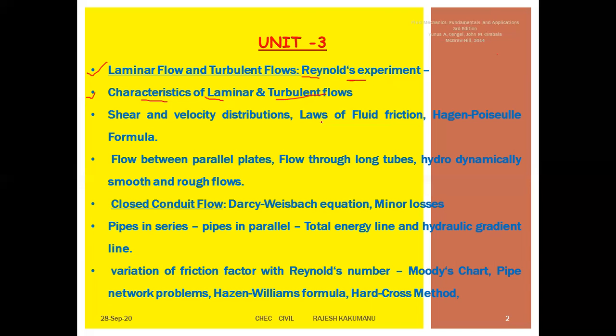By making use of Hagen-Poiseuille's formula, Moody's chart, pipe network problems, the Hazen-Williams formula, and the Hardy Cross method, we will see how the velocity and shear distribution take place in these types of laminar and turbulent flows.